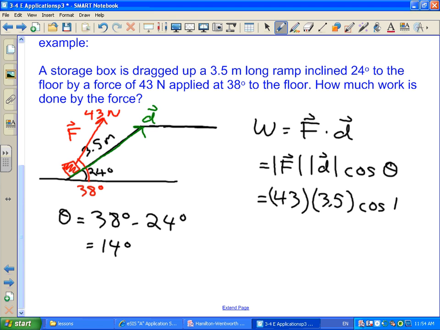I stick in 14 degrees over here, punch this into my calculator. 43 times 3.5 times cosine of 14. I get 146.03. And our units are going to be joules because our force was in newtons and our displacement was in meters. Okay? And that's pretty much all you have to do for work questions. Most of the time, it's just sub the stuff into the formula.